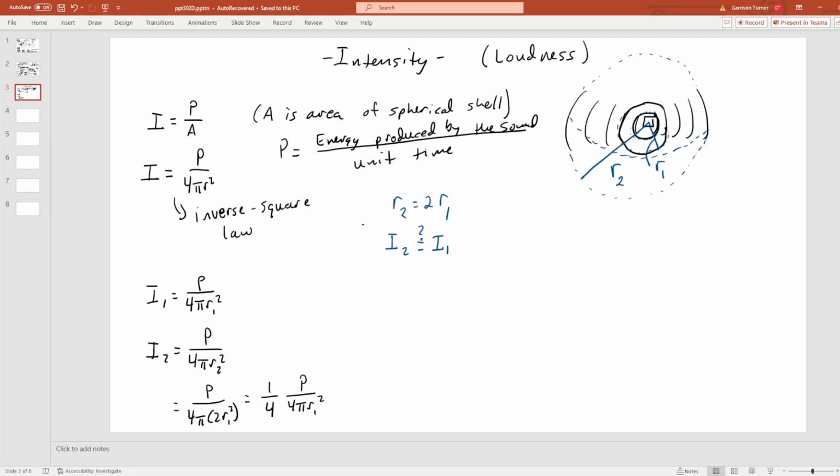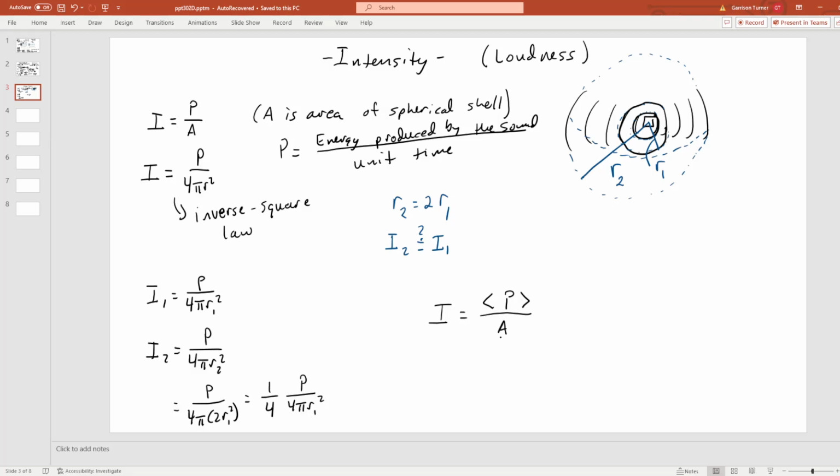However, if your source is variable, like a siren, typical sirens, right? They go up and down and so on. What we typically will talk about for the intensity of these sources will be the time average of the power divided by the area. Okay. Now, we're not going to go through complex calculations with this because this is decently heady, but just know that that is what we would typically do. All right.